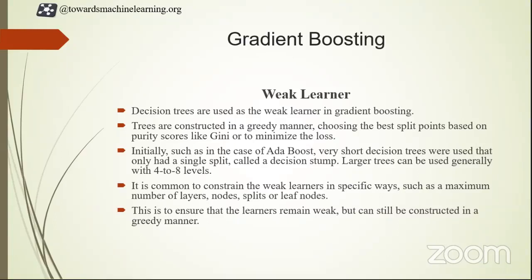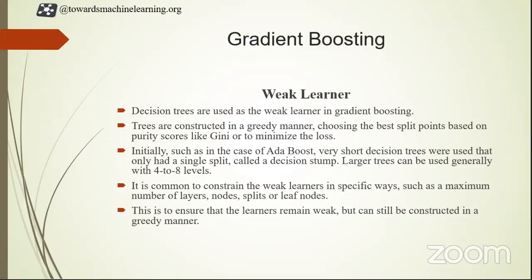Now these trees need to be constructed in a greedy manner that chooses the best split points based on purity scores like Gini, or to minimize the loss. This is to ensure that the learners remain weak. You don't have to build the whole decision tree algorithm at all.